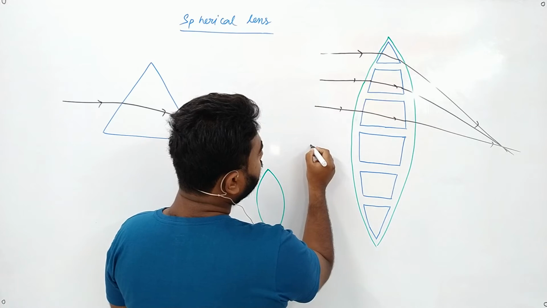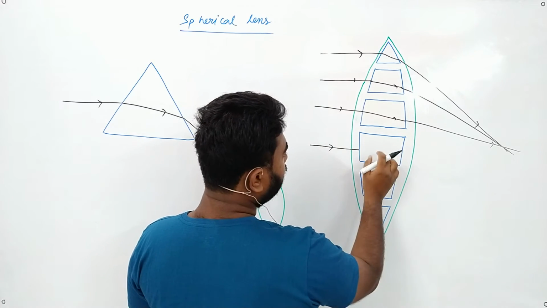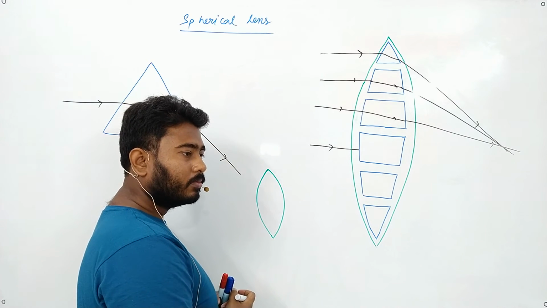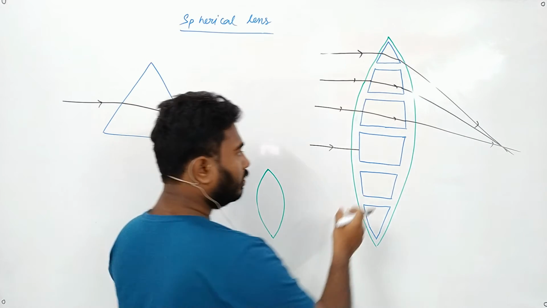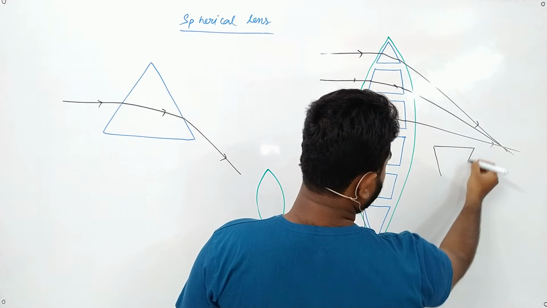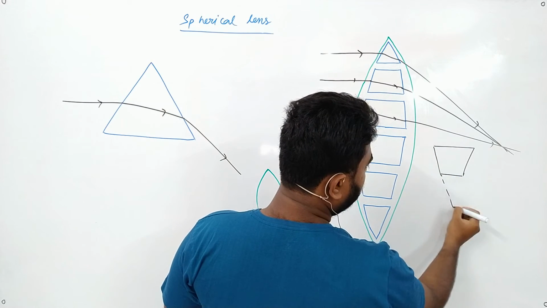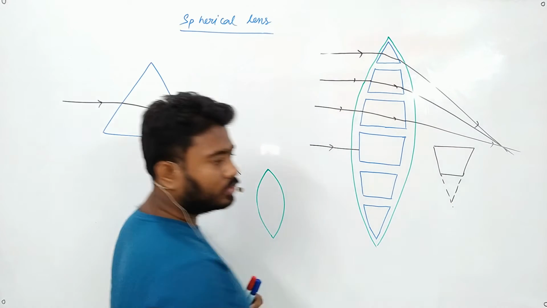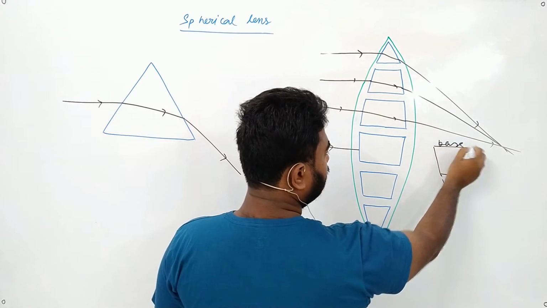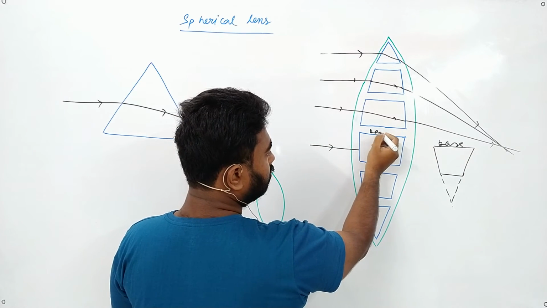Now if I take a ray here, tell me one thing, is its base on the top portion or at the bottom portion? So on the bottom. No, see, this one is like this. If I extend that, this will be the prism, right? So this one is the base. Look at this one. Is this the base, right?